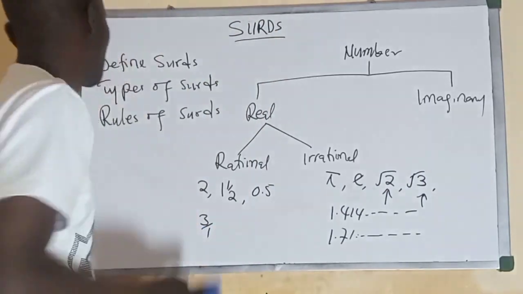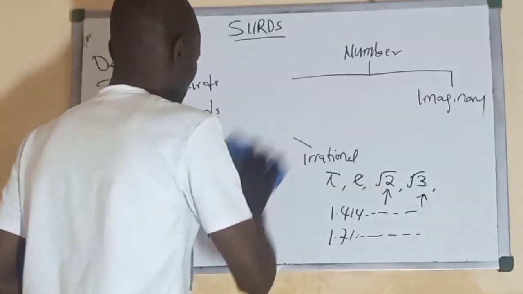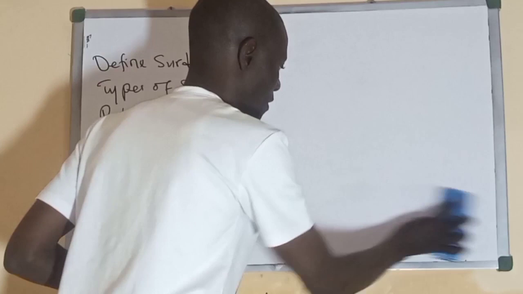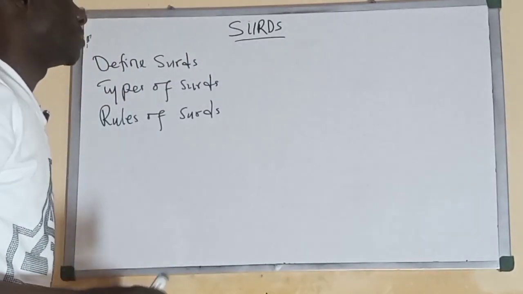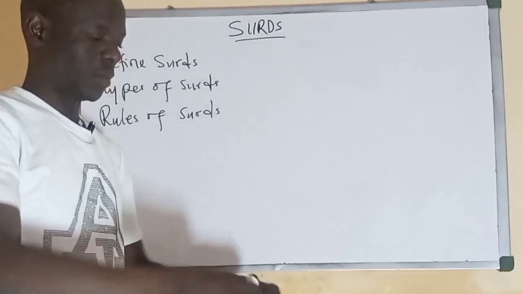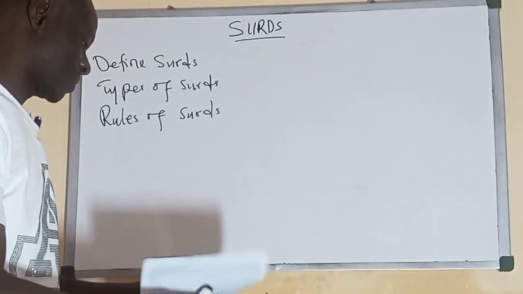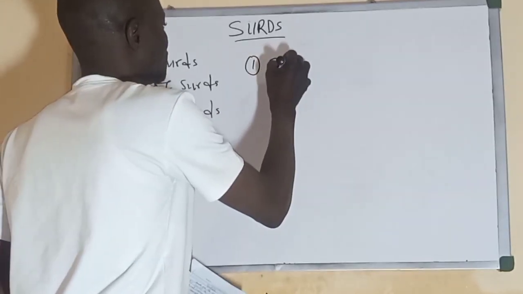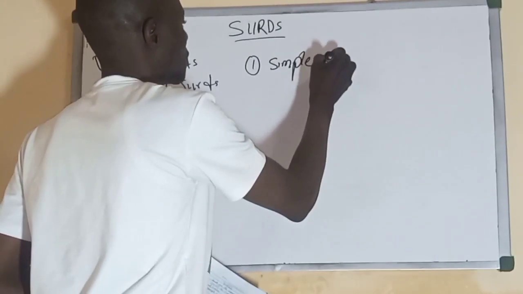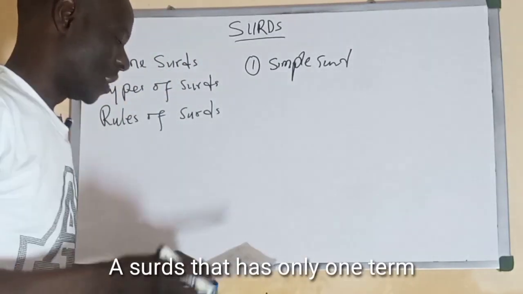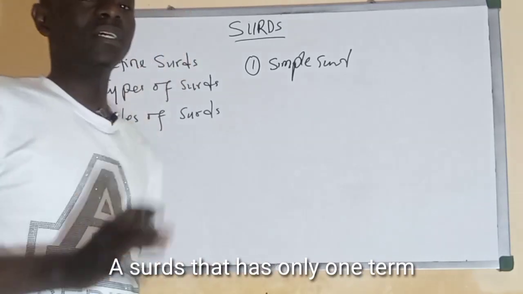So let us see the types of surds that we have. Let me clean here. The types of surds. I summarize the types of surds on my paper here. We have number 1, simple surd. A simple surd is a surd that has only one term.